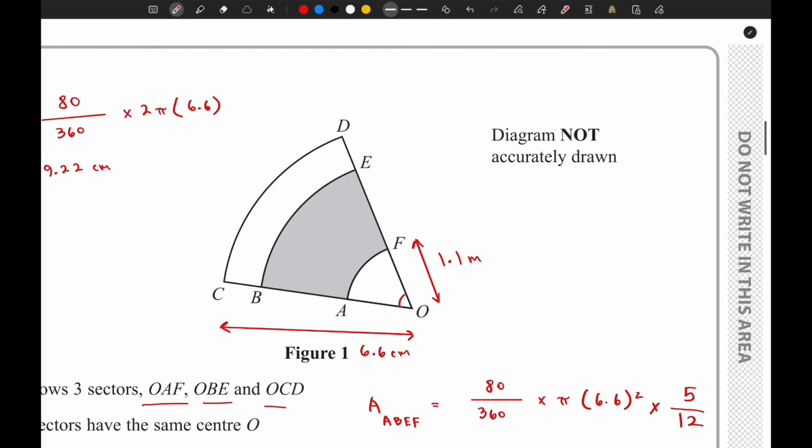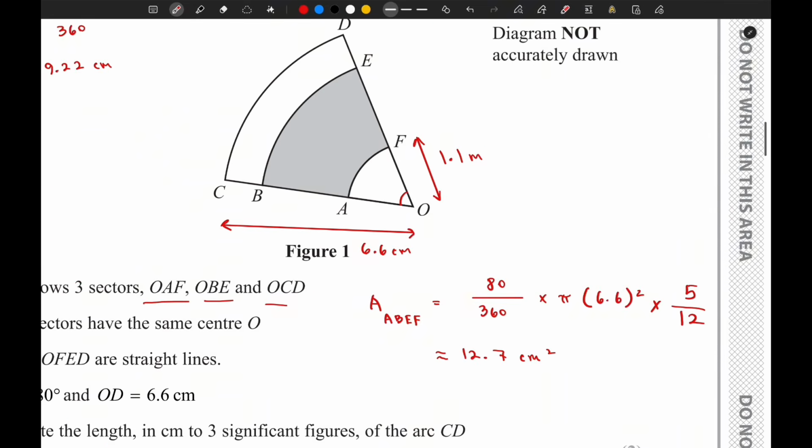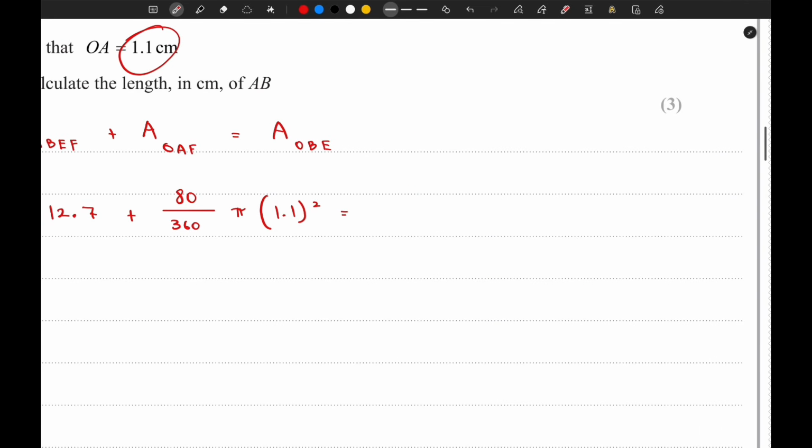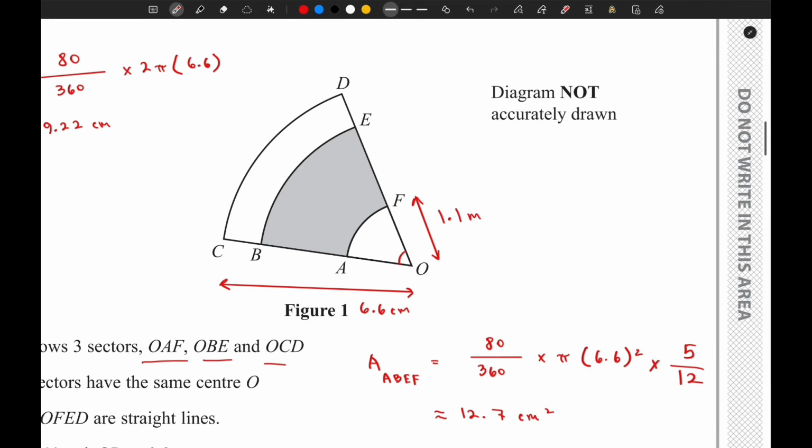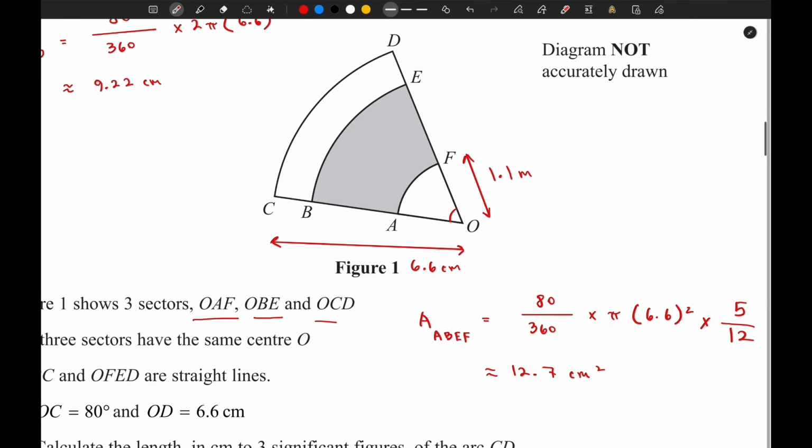And the area of sector OBE. Let's say that the length is OB. The radius is OB. The sector angle is 80. So it's 80 over 360 times pi OB squared. From this we can calculate the length of OB. So the length OB is about 4.4 centimeters. Now we can calculate the length of AB.